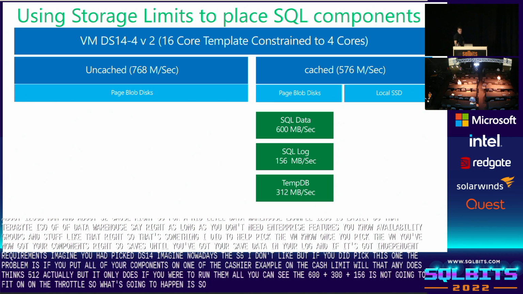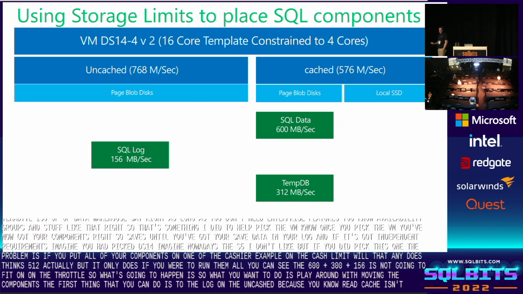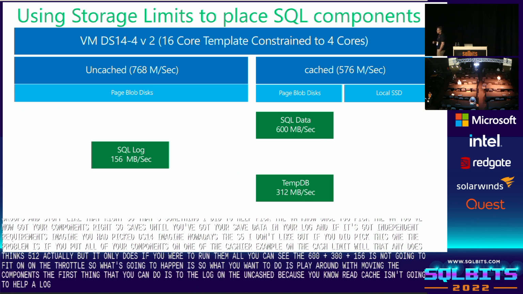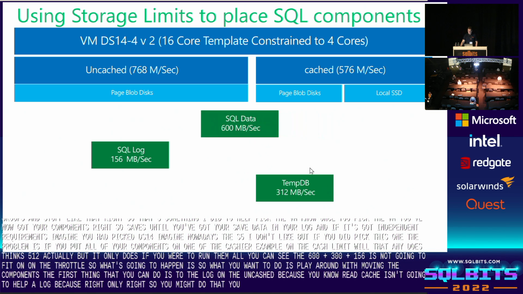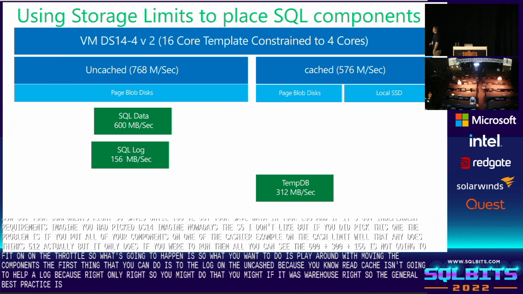So what you want to do is play around with moving the components. The first thing that you're probably going to do is put the log on the uncached, because read caching isn't going to help a log because it's write only, right? So you might do that. If it was a data warehouse, the general best practice is put your data on the read cache, right?